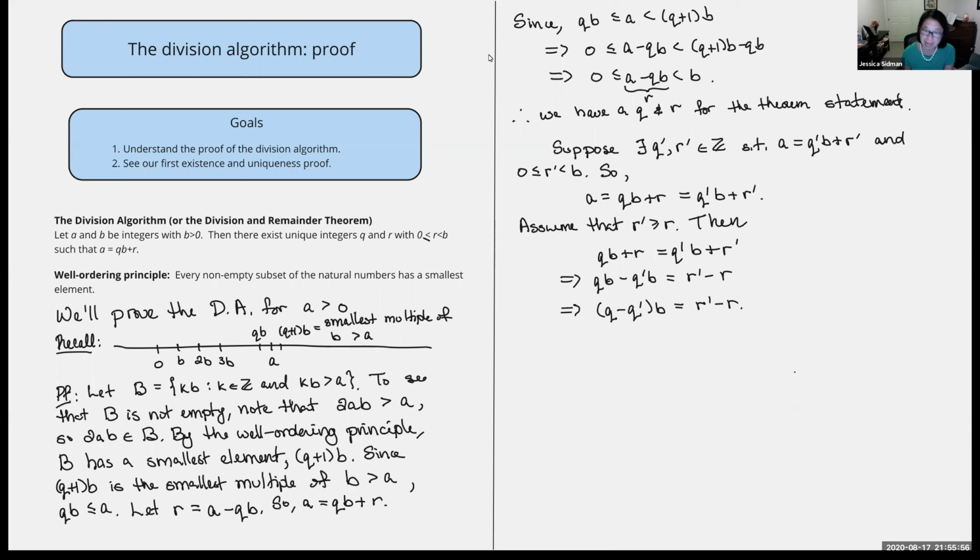Okay, so what I have here on the left is a multiple of B, and on the right is R prime minus R.